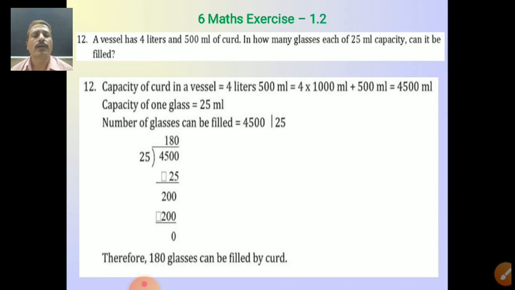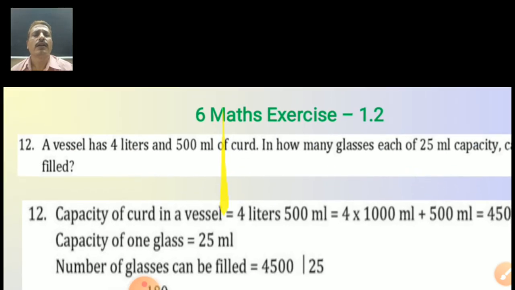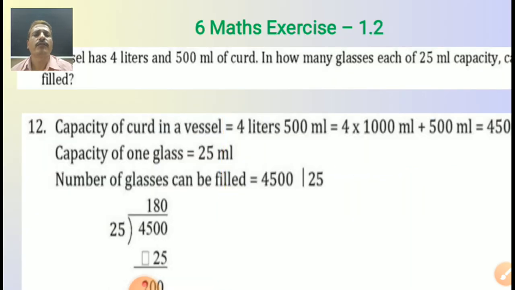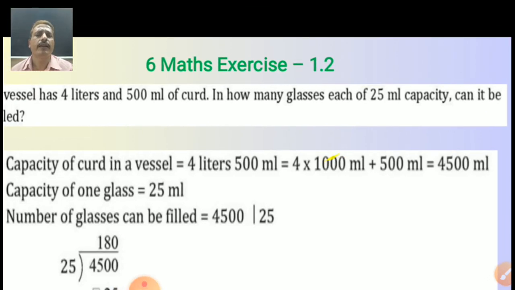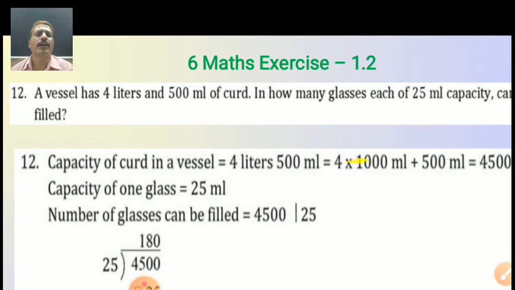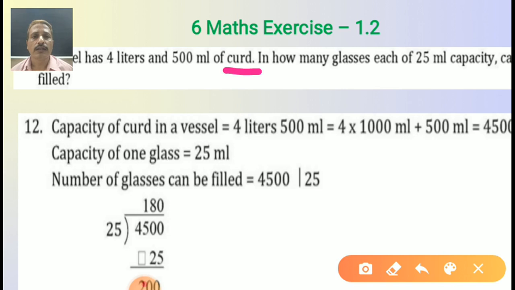We are going to conclude. Our today's last question is number 12 here. A vessel has 4 liters and 500 milliliters of curd. In how many glasses, each of 25 milliliter capacity, can be filled? First of all, curd means dahi. Vessel means in Gujarati tapela.